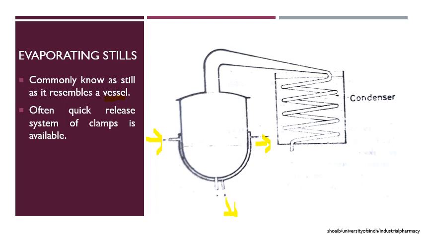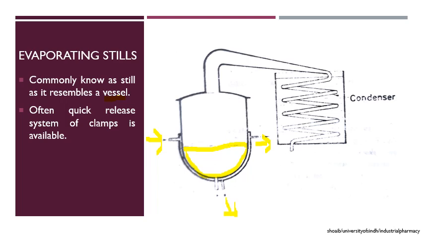These parts are similar. The lower portion contains our product, the liquid to be evaporated. There is a lid over this pan, and due to the coverage with this lid, it is called a still.